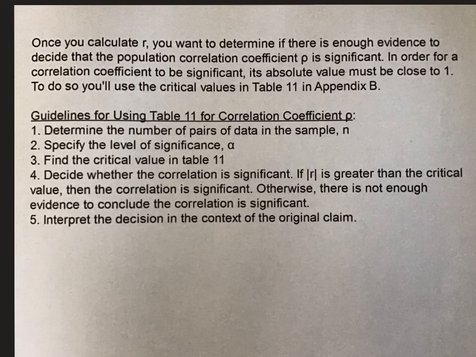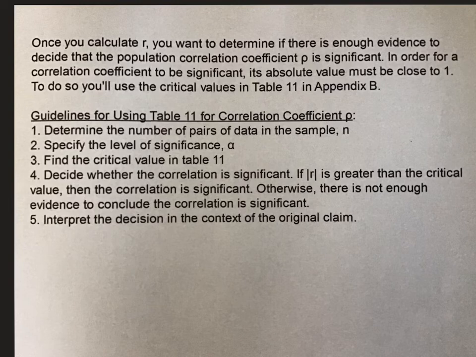Okay, so once we find our correlation coefficient, we want to determine if there's enough evidence to decide that the population correlation coefficient rho is significant. In order to do that, the absolute value essentially has to be close to 1.